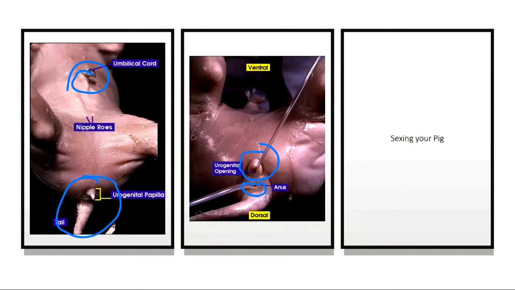The urogenital opening is a common opening for the vagina and the urethra, which are fused at this stage in life for the fetal pig, and they do become separate as it ages. So be aware of the urogenital opening and what it means.